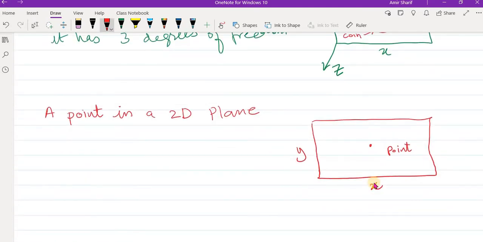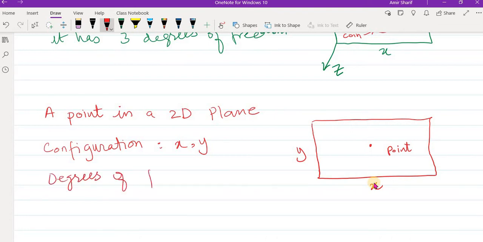So we have already learned that for a point we can specify its position using two coordinates x and y. So its configuration can be represented by two real valued coordinates x and y. So it means its degrees of freedom are 2.